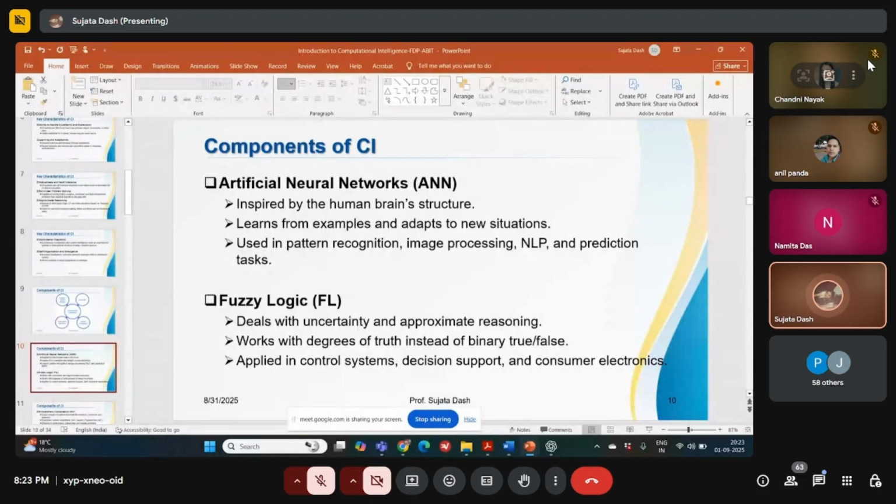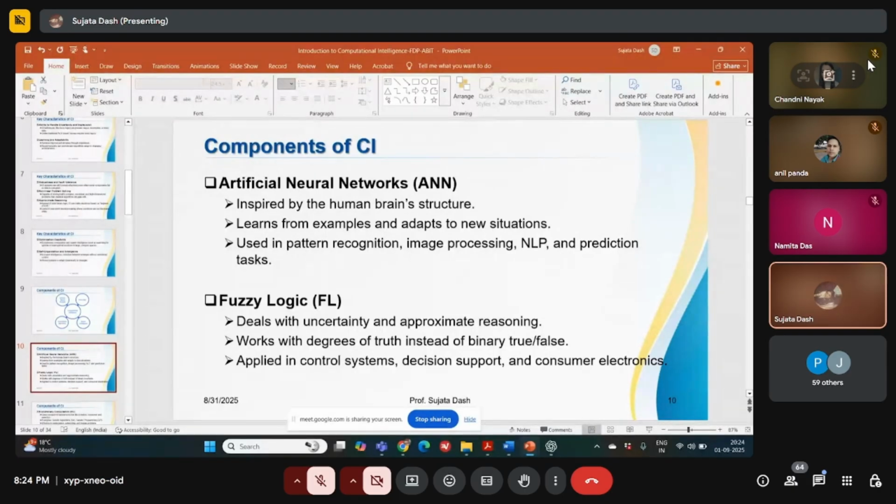Also, it can be used in consumer electronics, like cameras with autofocus, smart TVs, and many more. So fuzzy logic, in a nutshell, is like human common sense in machines. We are just putting human common sense in the machine. It handles uncertainty and makes flexible decisions instead of rigid yes or no outcomes.